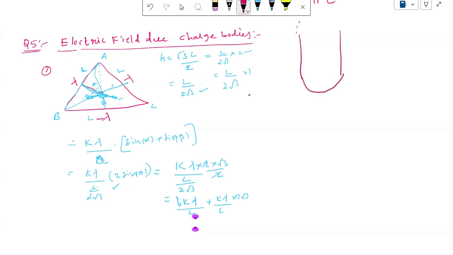At point C at distance A, you want to find the field. Each infinite rod has charge density lambda.